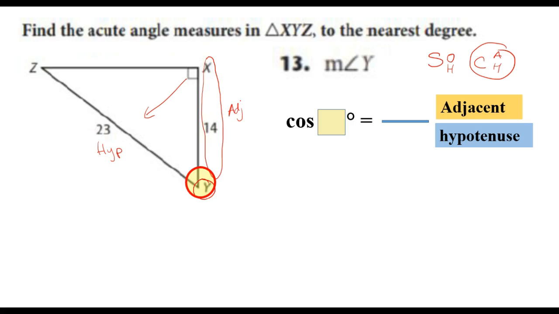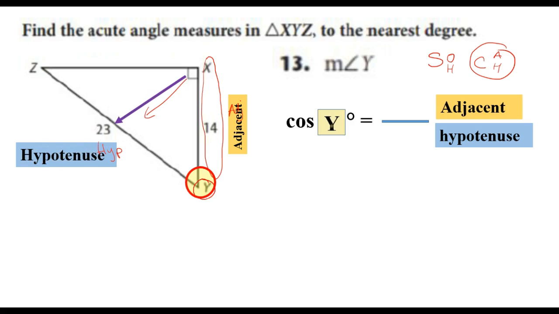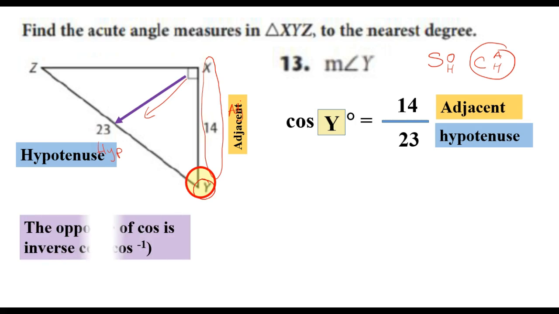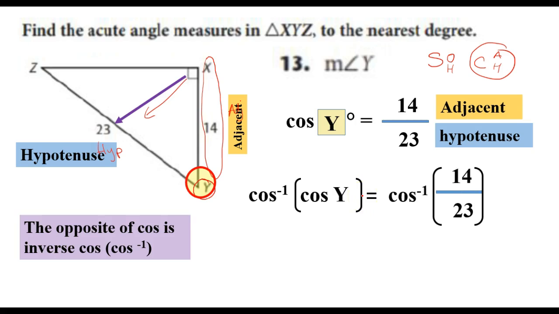So let's go ahead and set up our ratio. Let's put stuff in their appropriate places. That would be angle y, and 14 over 23. Opposite of cosine, just so you know, is inverse cosine. So we're going to take the inverse cosine of y and the inverse cosine of this fraction. You'll find that cosine is actually the button here, and right above it will be cosine inverse.